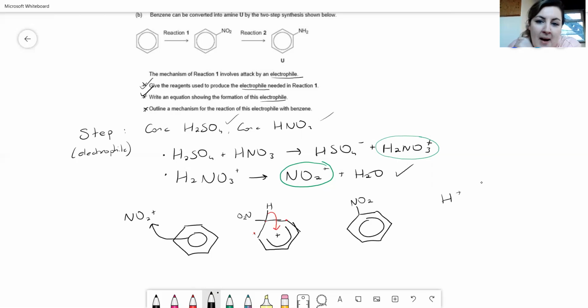Now if you remember back from the equation when I make my HSO4 minus, this actually attacks the H plus. This is just a little side note. And this reforms my H2SO4. So essentially, because this is being reformed, it's not being used up in the reaction, this is my catalyst as well. Okay, so I've got 1, 2, 3, and 4, 5, and 6 marks. Any questions, do let me know.